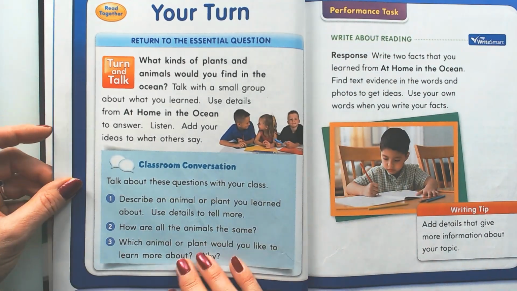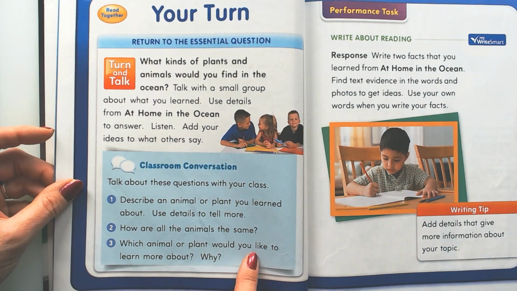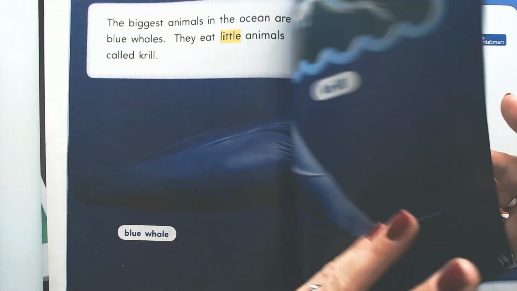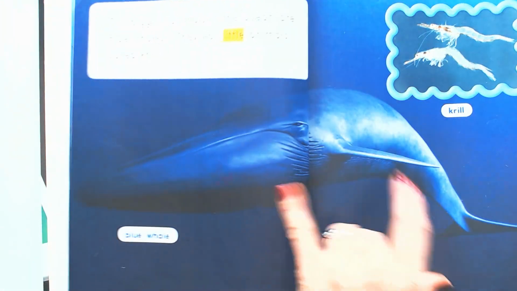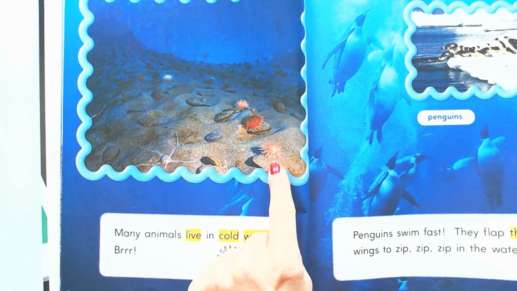And finally it says, which animal or plant would you like to learn more about? So if I were to read you some books, would you like to learn more about dolphins or sharks or blue whales or sea urchins? Don't step on those. Those are poisonous.